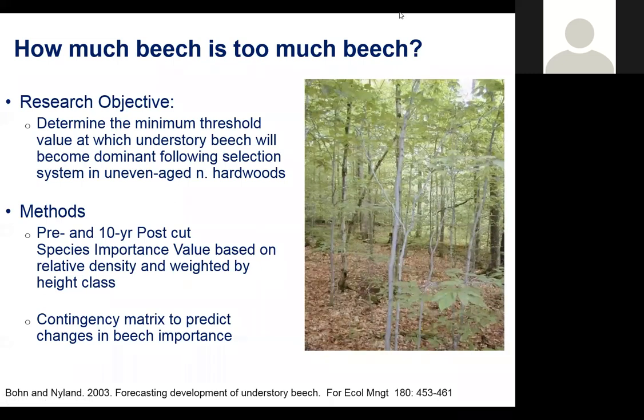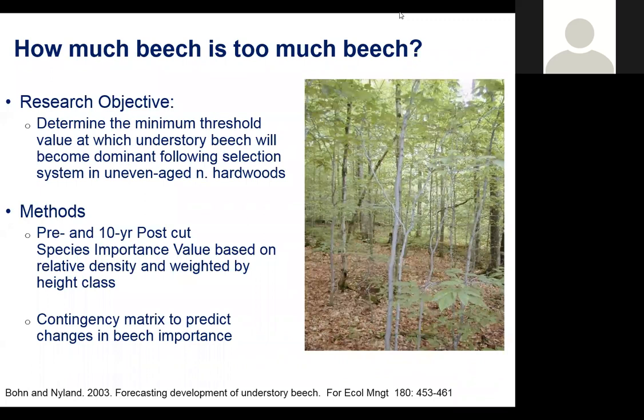When I was up in New York in the late 1990s, there was sort of this idea that maybe there is a minimum threshold value at which understory beech would either become dominant or not become dominant. I was looking at selection system on uneven-aged northern hardwoods.